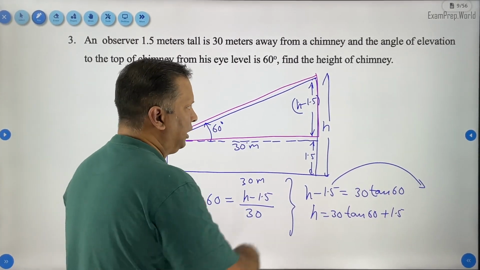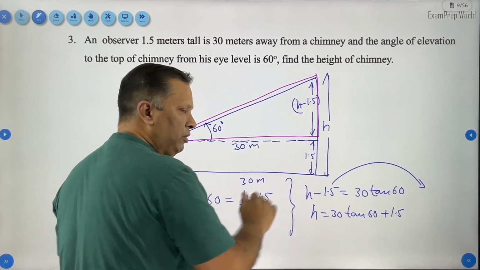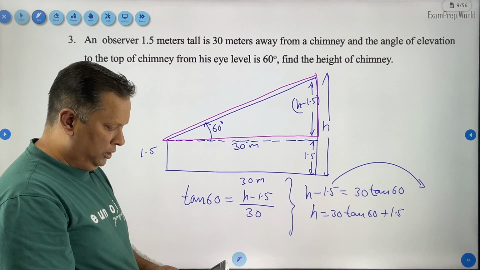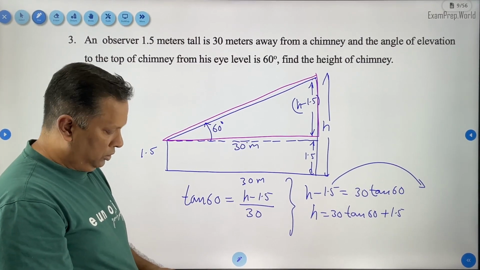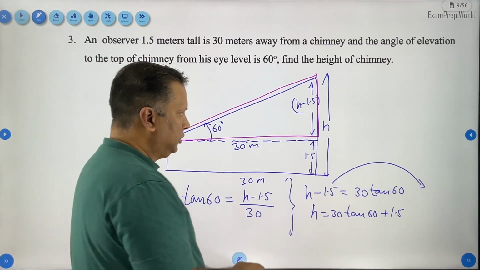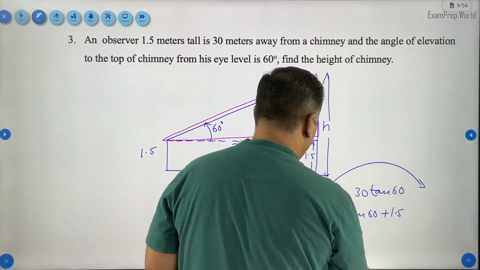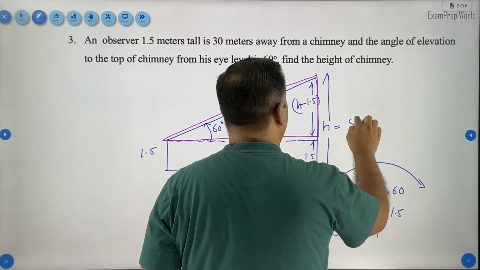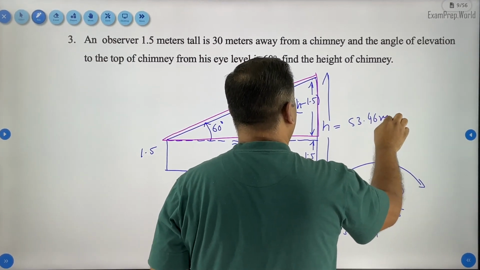Because the height of the chimney is h, we are finally getting the height of the chimney. So let's do this. 30 tan 60 plus 1.5. What do we get? 53.46 meters. So the height is 53.46 meters.